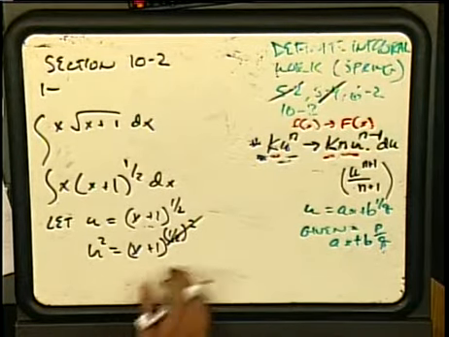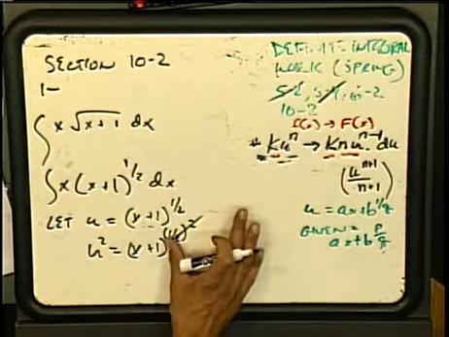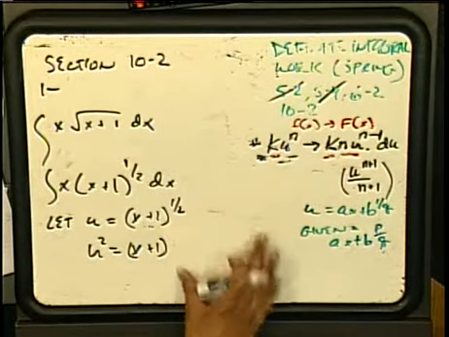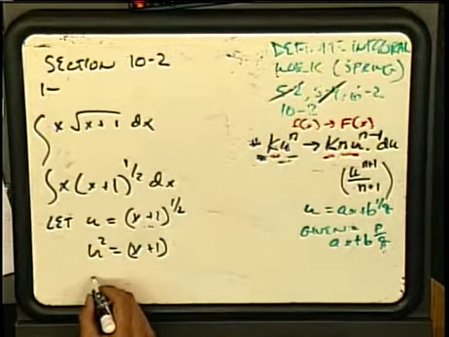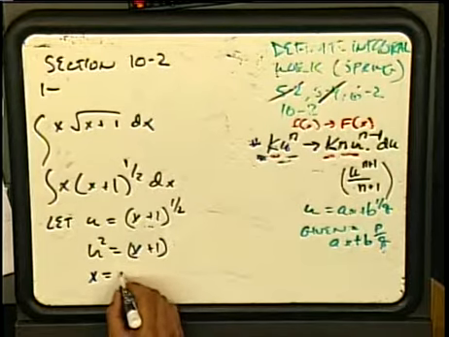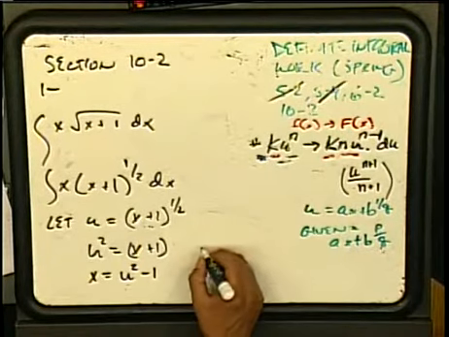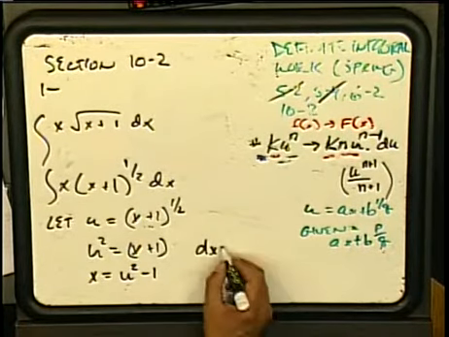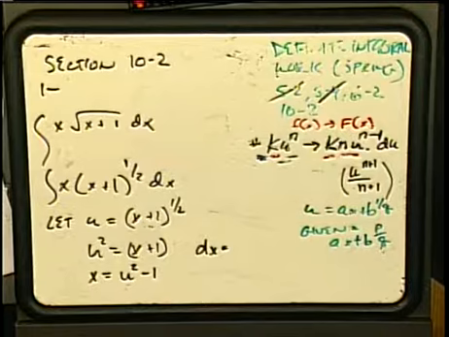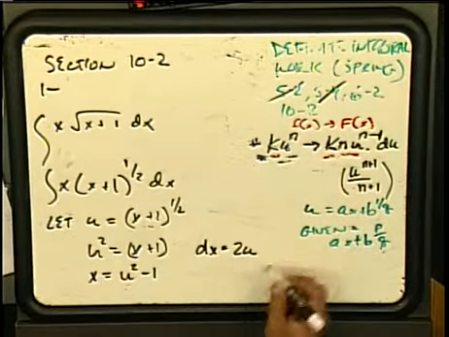You see how this canceled out right here? Now you just want x. So x equals u squared minus 1. And you also want dx, the derivative of x, which is 2u.